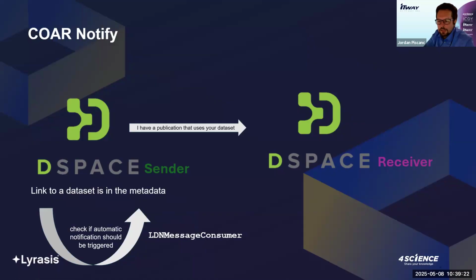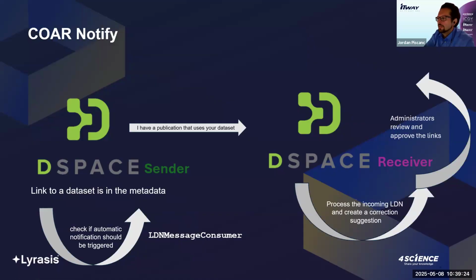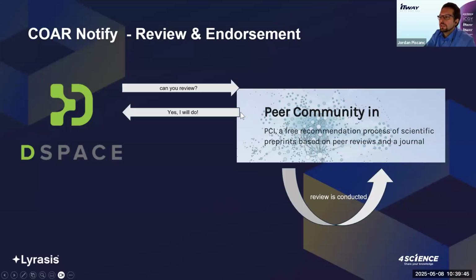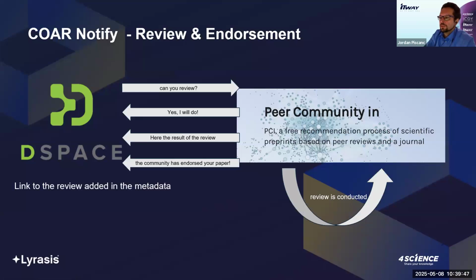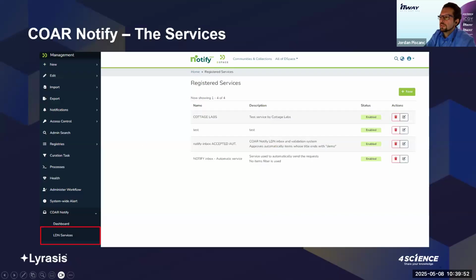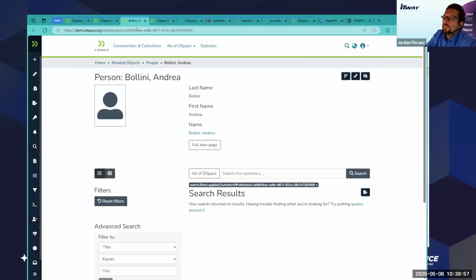I'm going quickly because I see that time is going very fast, but I would like to show you also what's going on under the hood concretely. The next step will be DSpace integrating with other external services like peer communities for reviewing or for endorsing papers, for example. And let's go with the correct demo so that I will show you what it means.